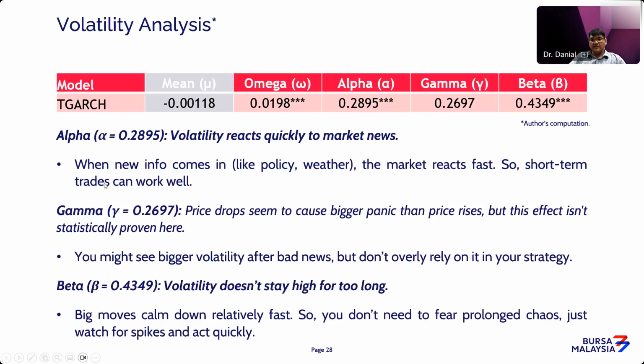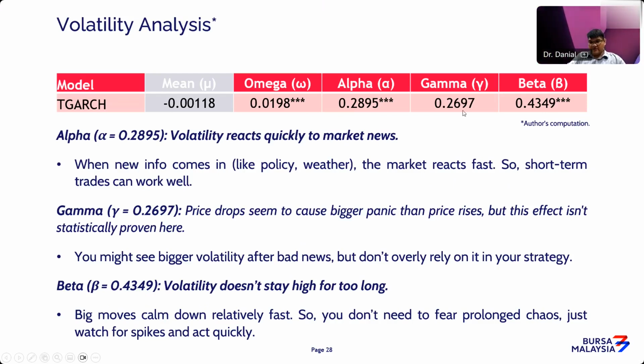Alpha: when new information comes in, like policy or weather, say at a soybean plantation in the US, if something happens to bean oil due to policy or weather, CPO futures are really efficient in reacting. So short-term trades can work well in this situation.